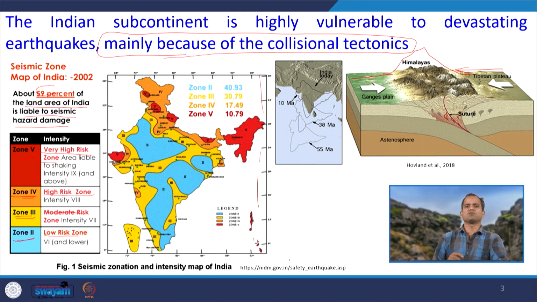So that means 59%, or around 60%, of the Indian subcontinent land mass is under seismic hazard. So let us talk further about what exactly the origin of seismicity is, why there is some uneven distribution, which area is seismically more active, and how we determine it.